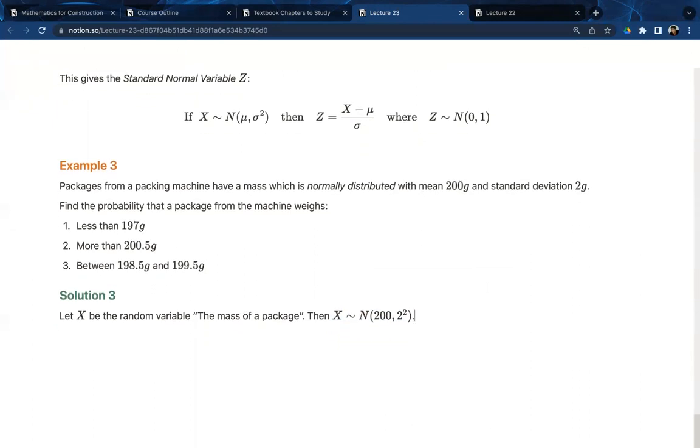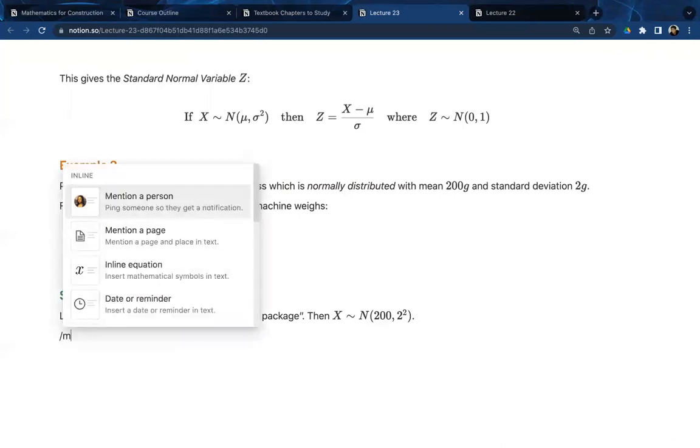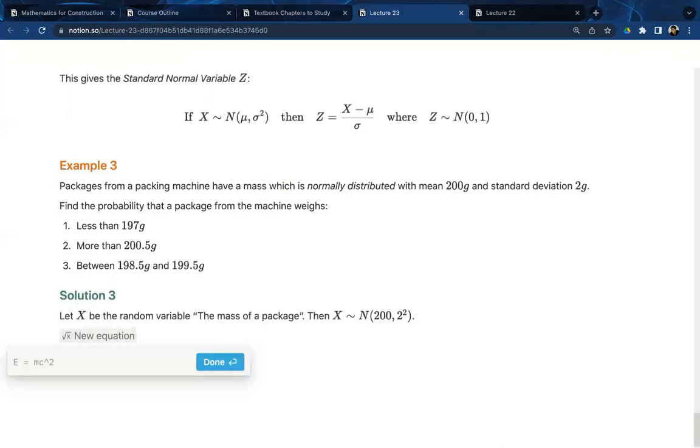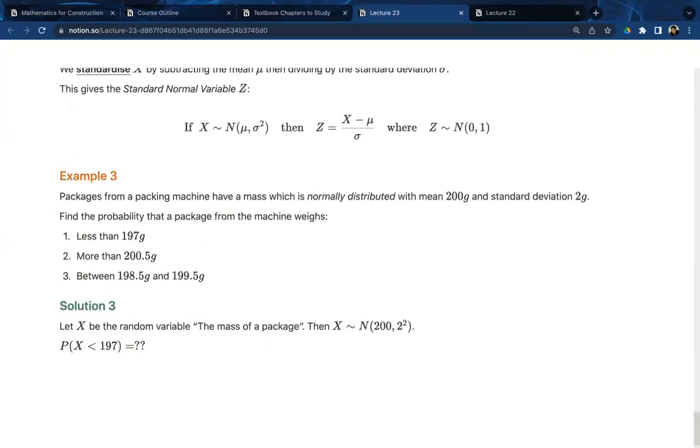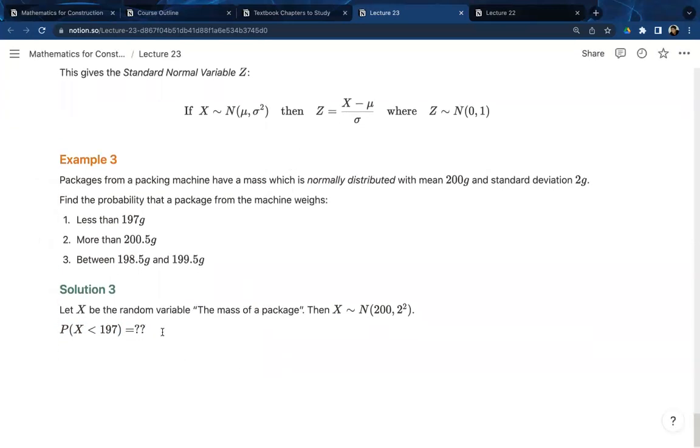They want to know the probability that a package is less than 197. So what's the probability that X is less than 197? How do you do that? Well, you standardize.